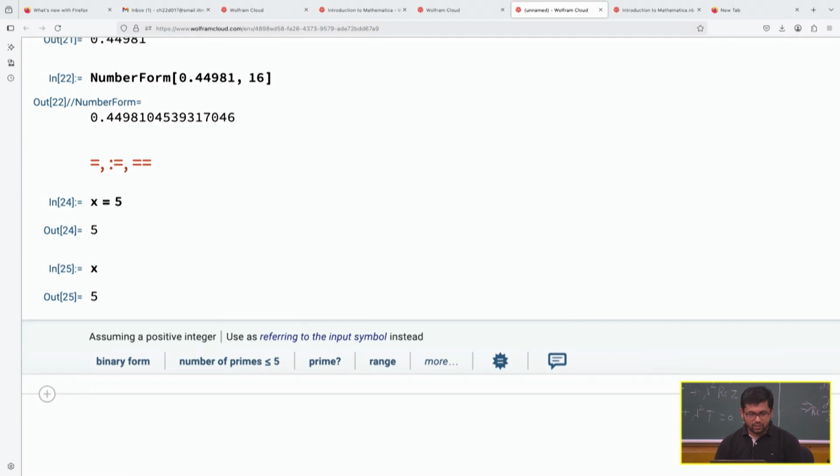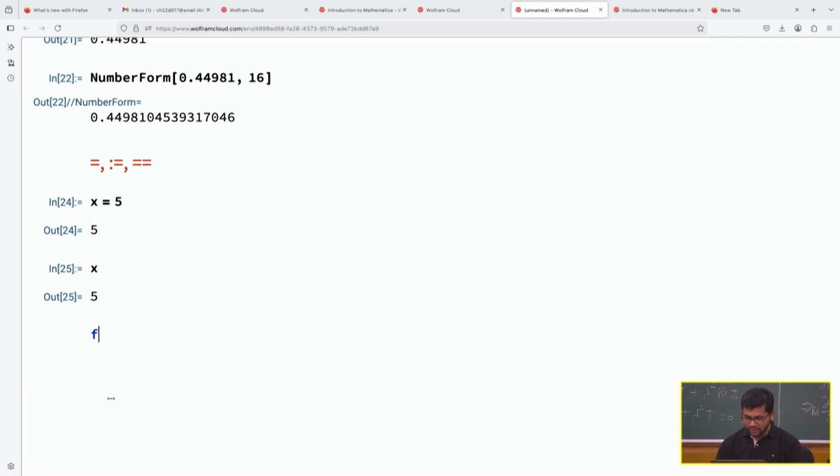Whereas the second one, which is colon equal to, is used to create a function. Suppose I have to create a function which is f. Why am I writing a small f? Because Mathematica has all its inbuilt functions with capital letters. So, I am writing with a small letter, so that if someone is reading my notebook, they can understand that it is a function made by the user, not by Mathematica.